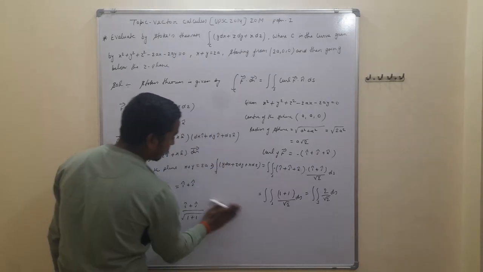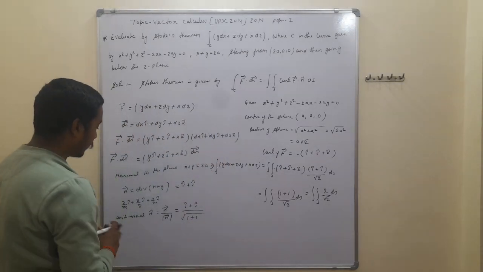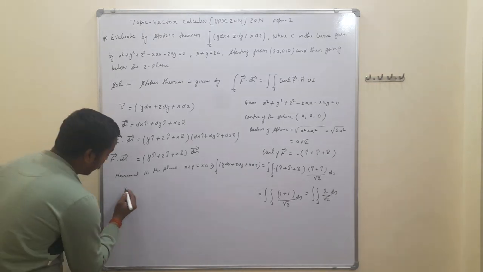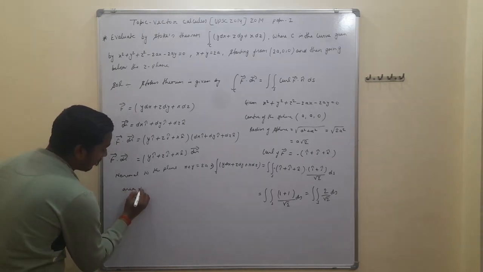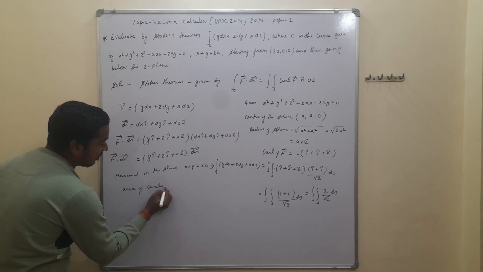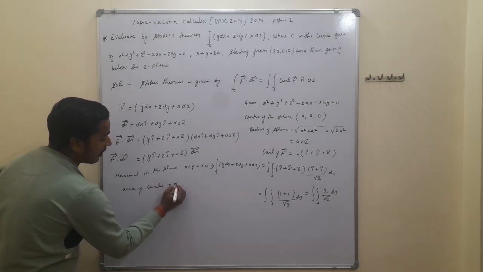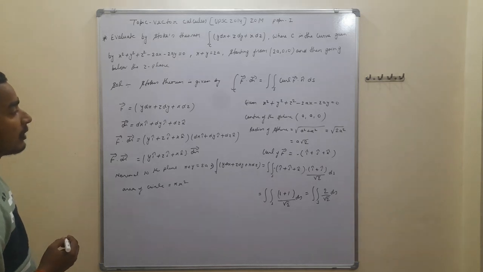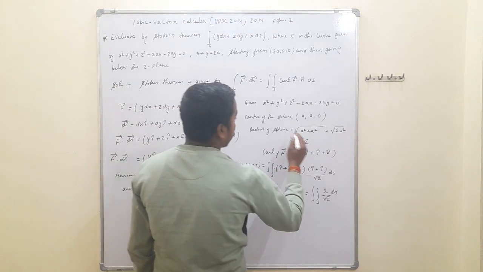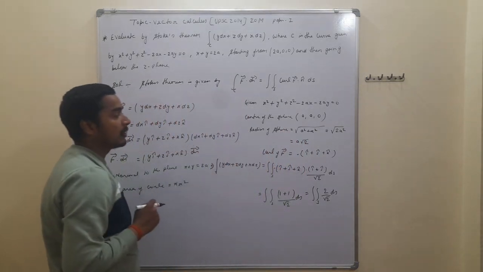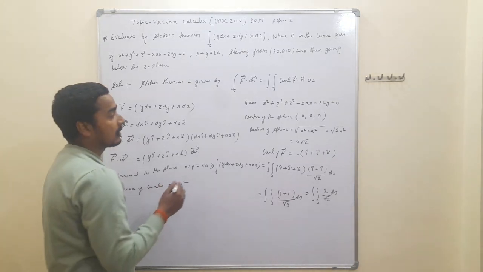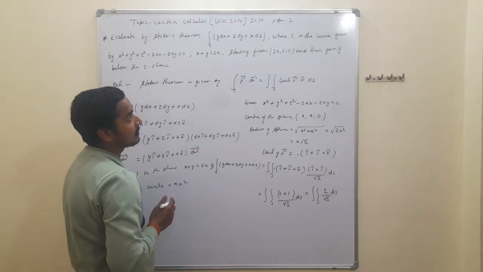The area of circle is given by pi r squared. Here the radius of the sphere is equal to the radius of the circle, because the great circle lies on the sphere.